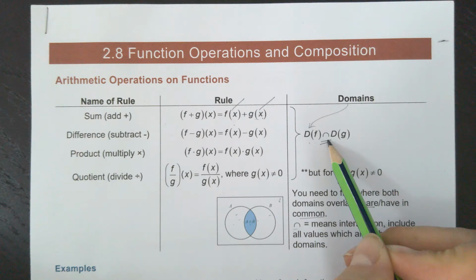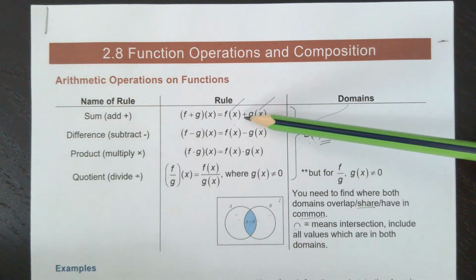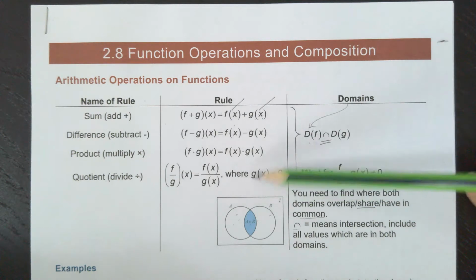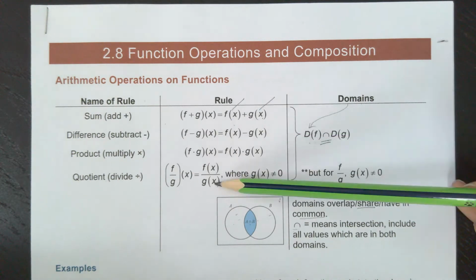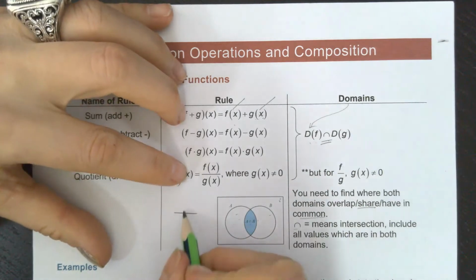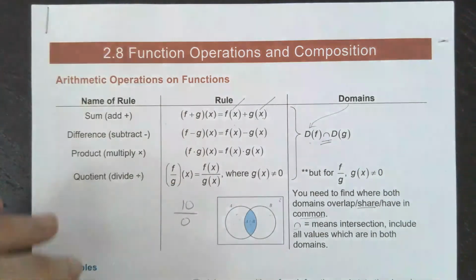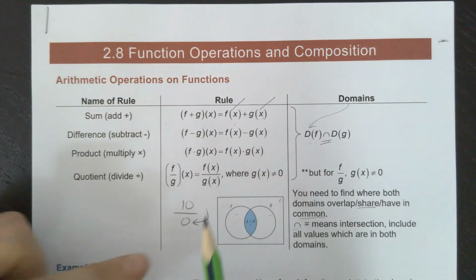So that's how we find the domain for all of these new functions that we create through add, subtract, multiply, and divide. But with divide there's a restriction, because this is a fraction. Say I take the fraction 10 over 0. Well, we can't have a 0 in the bottom of a fraction.